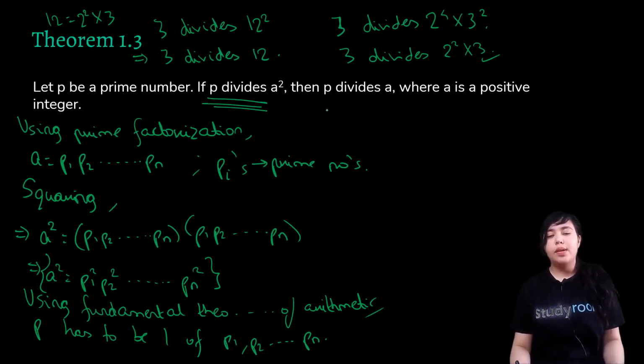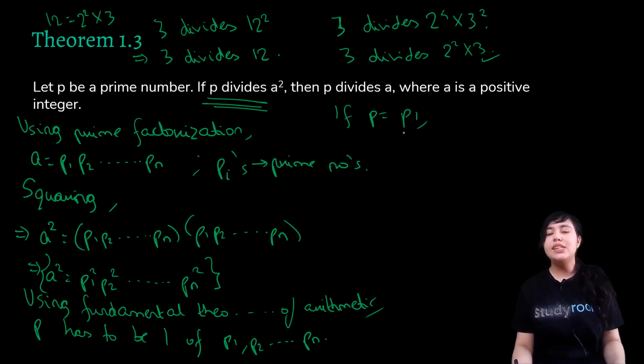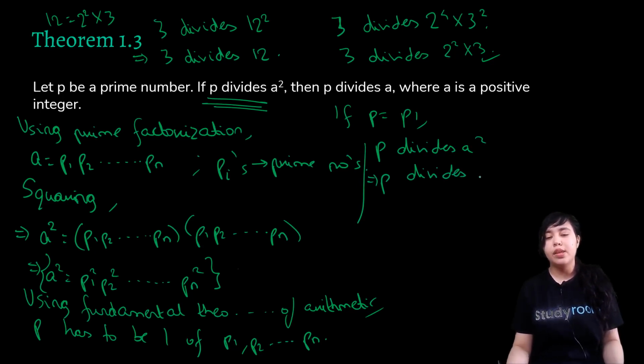So if I take p to be equal to p1, because p is one of these pi's only, and I say p divides a square, which is already given to us, then I can write that p will be dividing p1 square, p2 square going on till pn square. But I have just assumed p to be equal to p1. So this means p divides p square, p2 square going on to pn square.